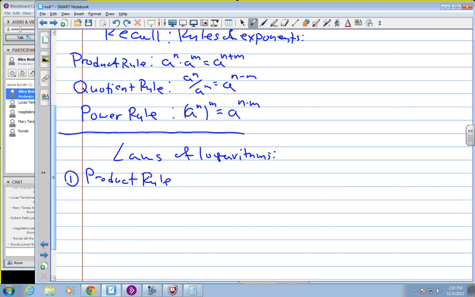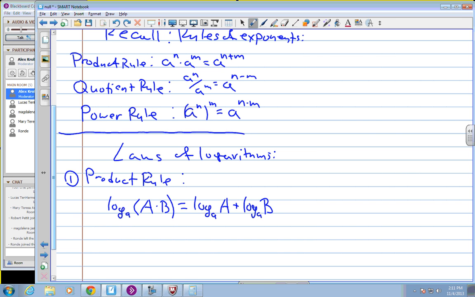Product rule for logs, which is if you have a log base a of a product, am I remembering my properties correctly? Yeah. This is the same as log base a of A plus log base a of B. So the product turns into a sum.